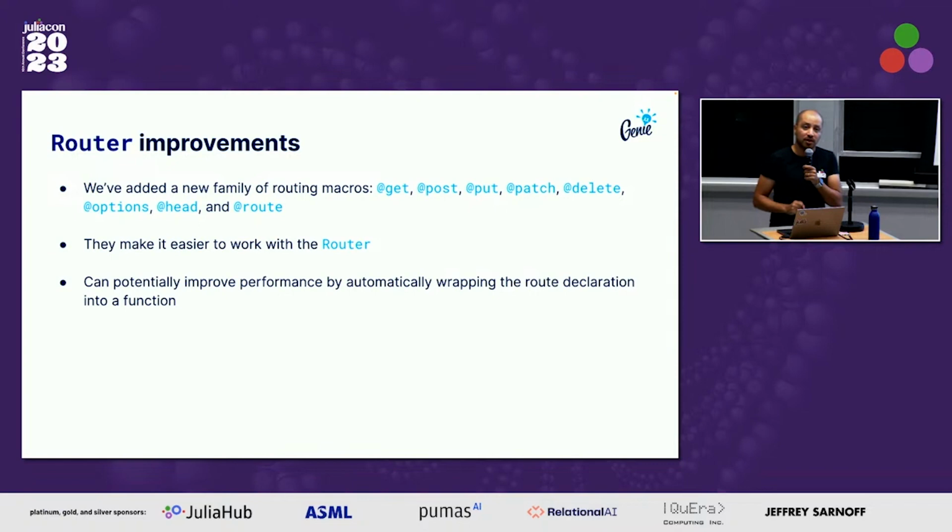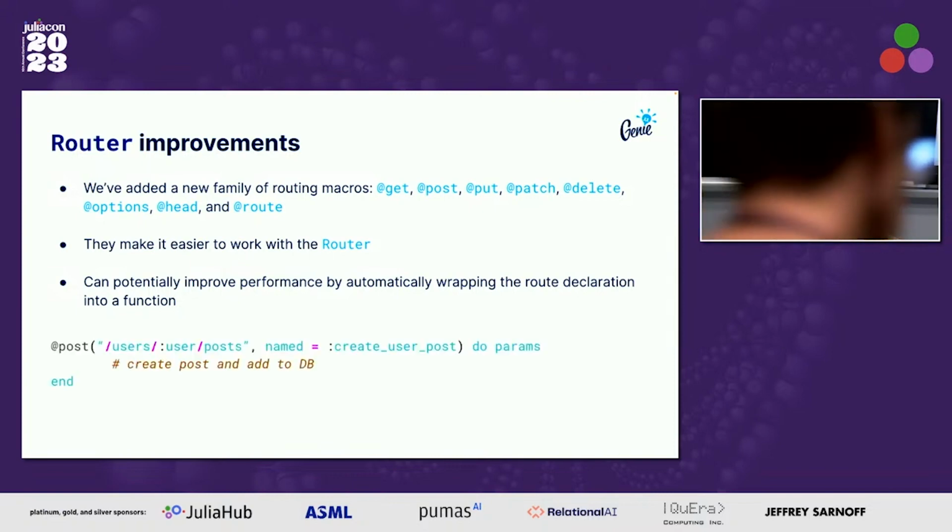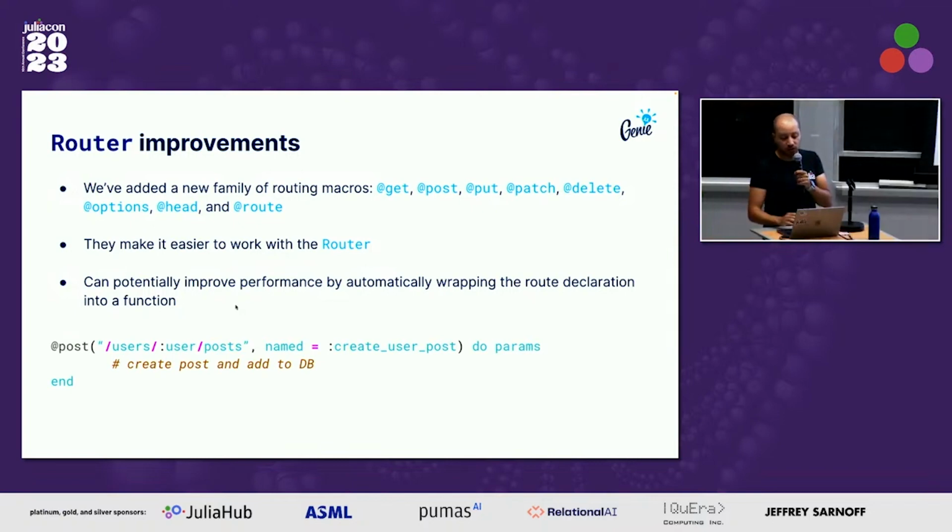And moreover, this new family of macros can potentially improve the performance of the Genie application, since what they do is they automatically wrap the router declaration in a function. And therefore, this can improve performance. Here we have an example snippet of using this new post macro in conjunction with the new params object to define a new route.